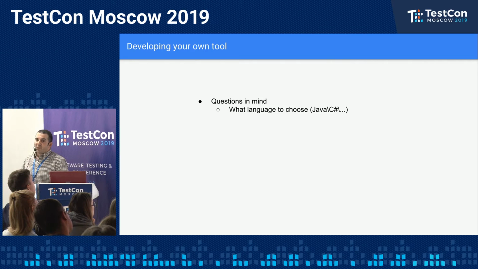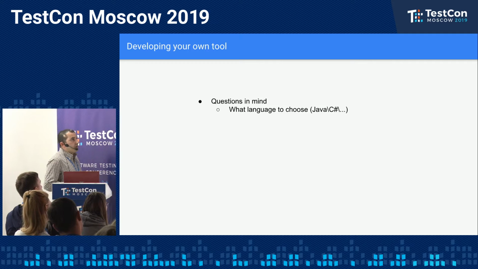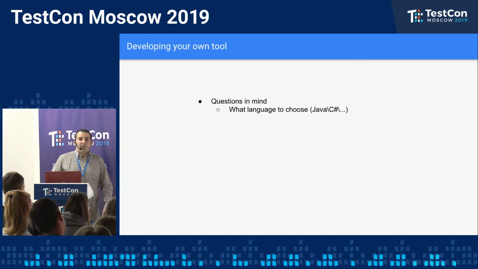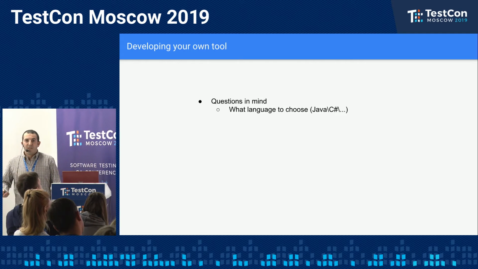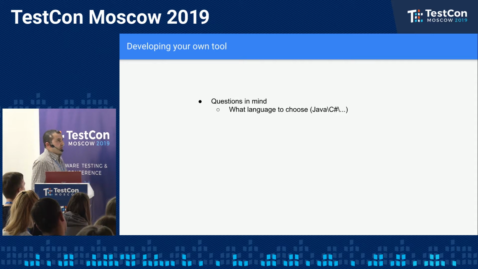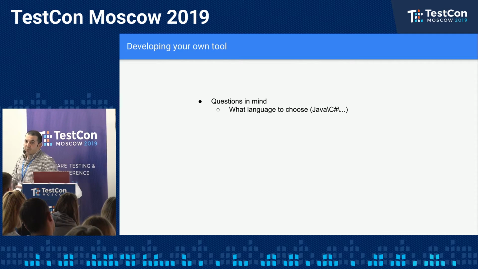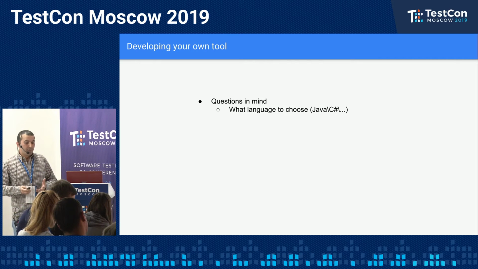What is the language that we are going to use? Will it be Java or will it be C#? If we are going with C#, it means that actually we need to pay for licenses. If we're going over Java, it means that it's with no licenses most of the time, and there is pros and cons for everything.